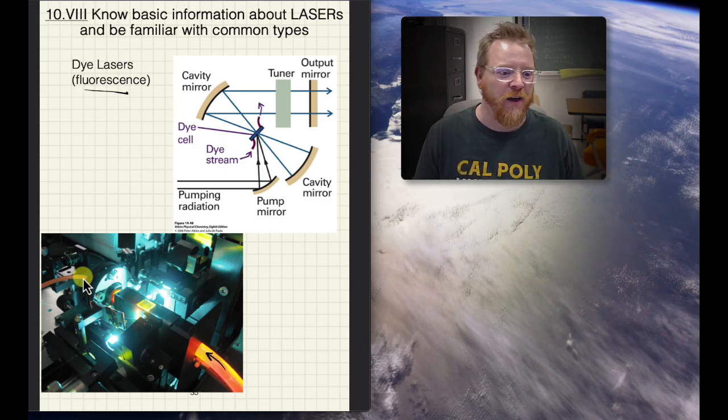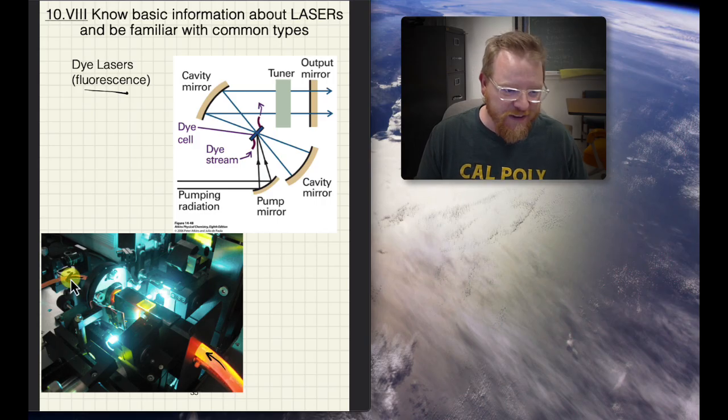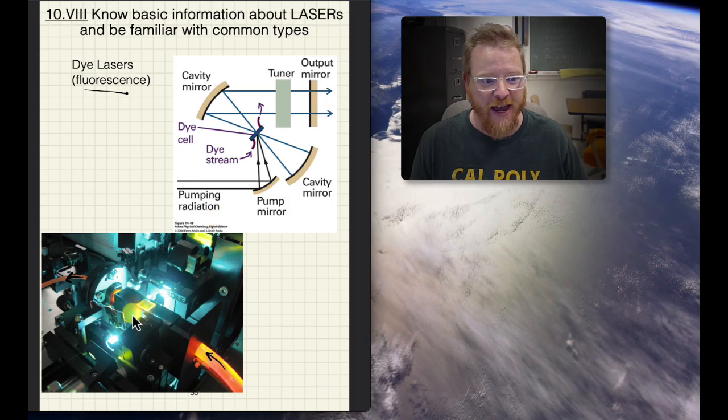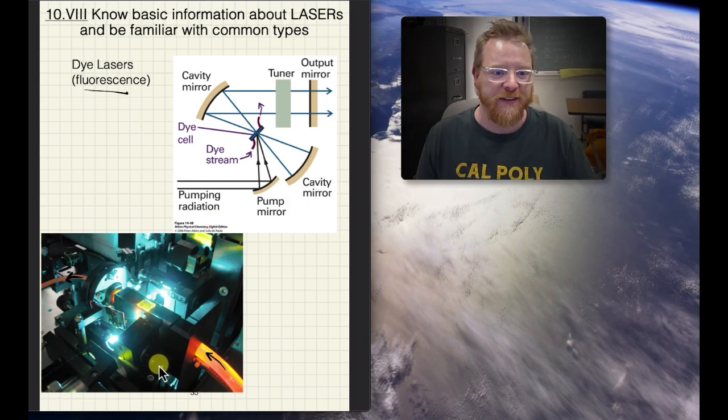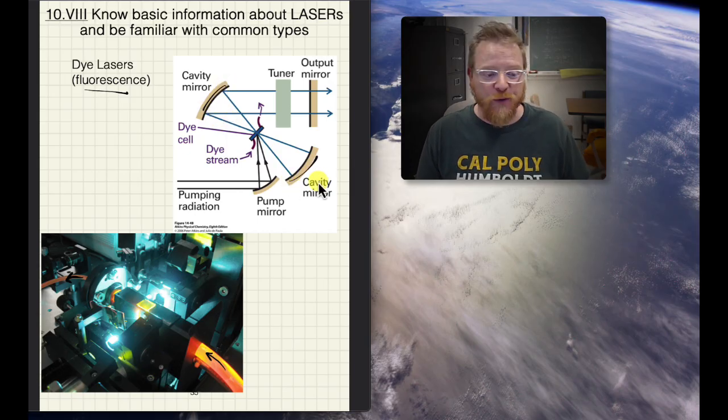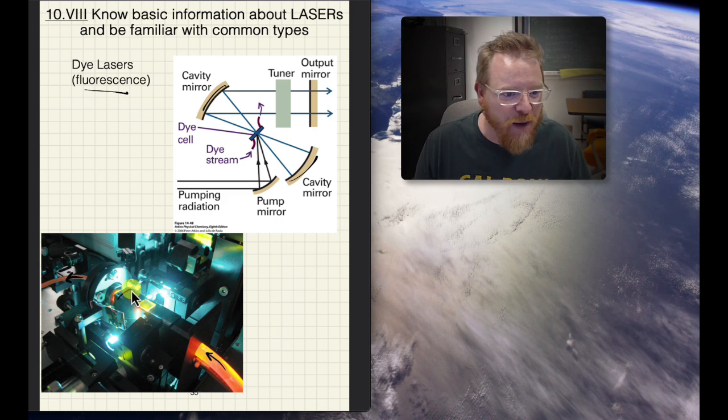These are the fluorescent dyes. And so they are fluoresced by this pumping radiation. And you can see that would be this white light here that's making it fluoresce. And now you create a cavity about that fluorescence. And you can kind of see that pictured in there.